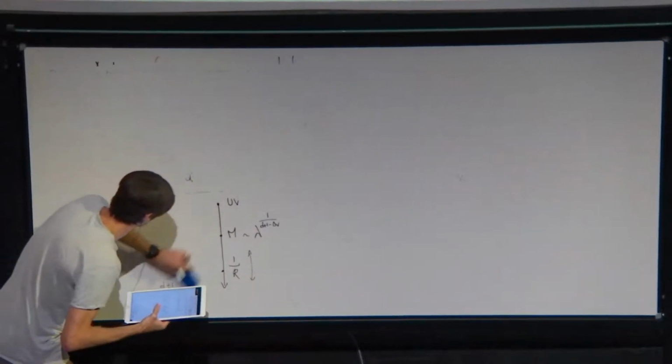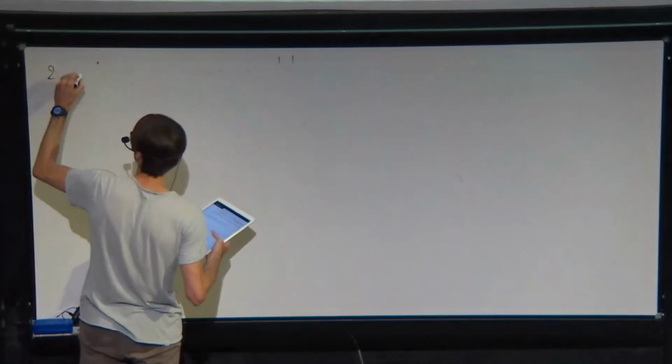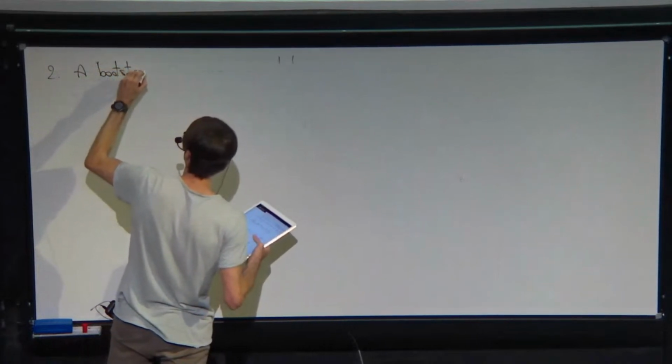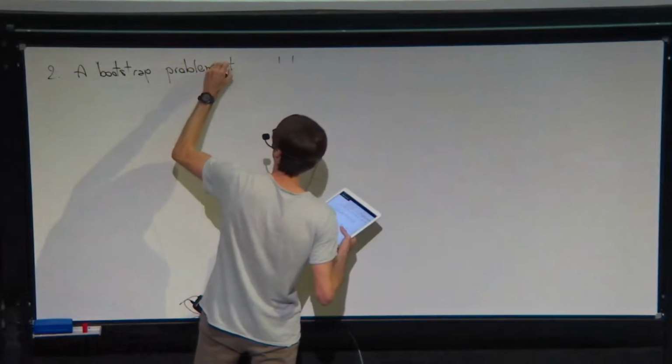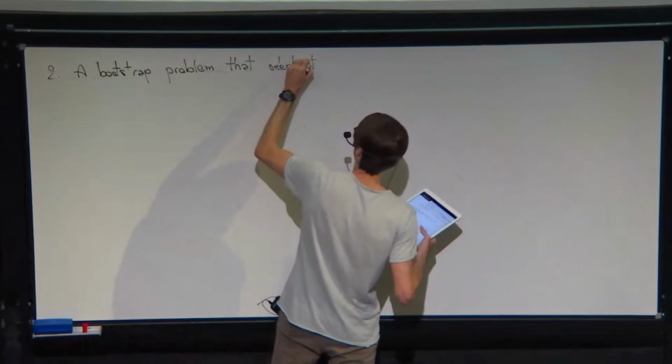Okay, so we would like to describe this bootstrap problem that sees the bulk.